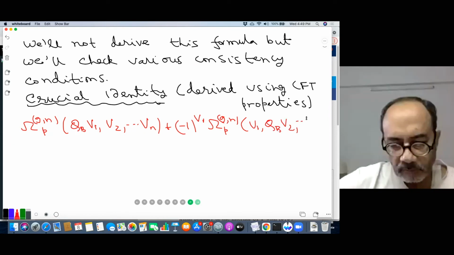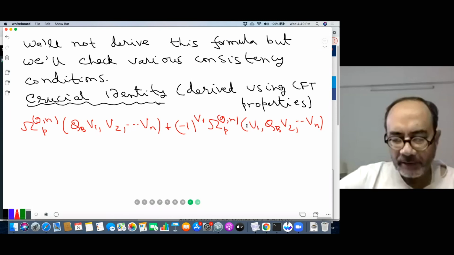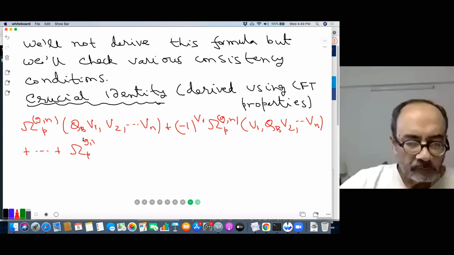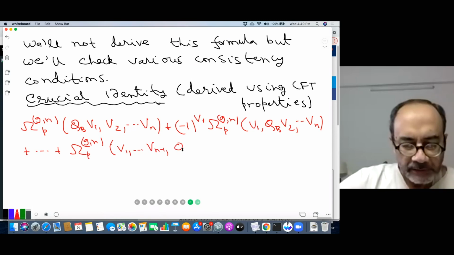Okay. You remember (-1)^{V1} basically is 1 if V1 is Grassmann even, and it's -1 if V1 is Grassmann odd. Which in turn depends on the ghost number of... plus it goes all the way up to omega_p of V1 up to Vn, -1 QB Vn.